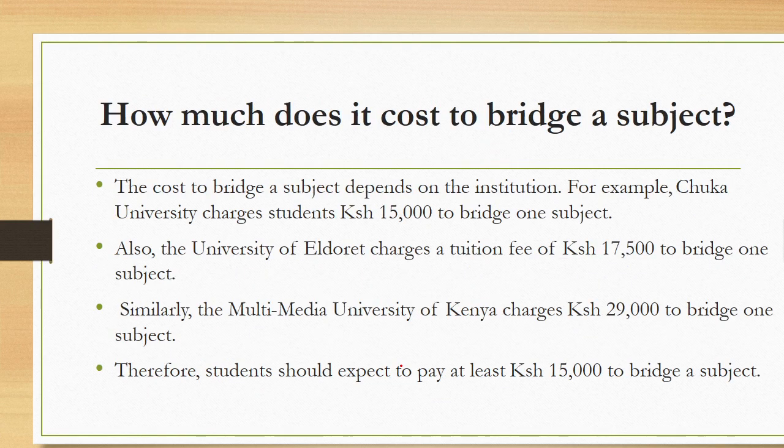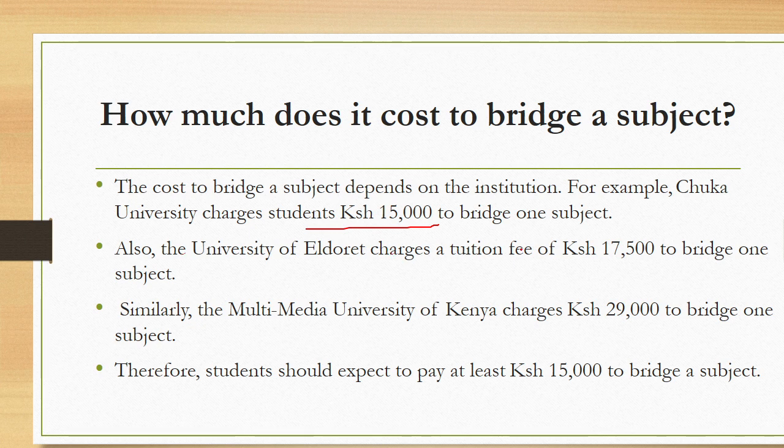Another question that some people normally ask: how much does it cost to bridge a subject? It depends on the institution that you are doing the bridging course from. Chuka University charges students a minimum of 15,000 to bridge one subject, so it could be maths, English, or any physical science subject like physics.